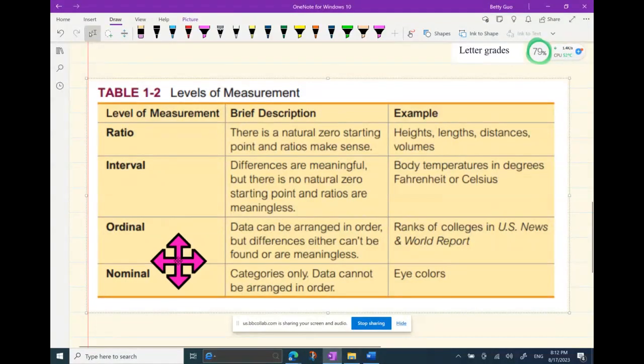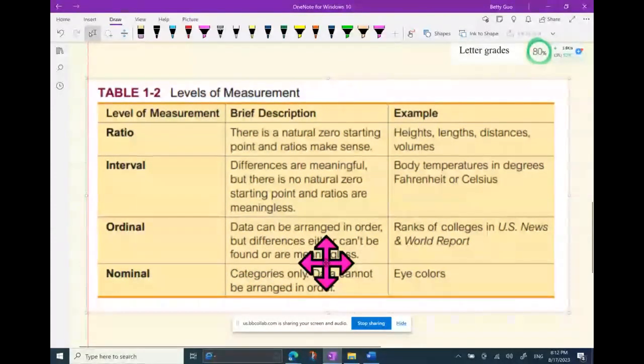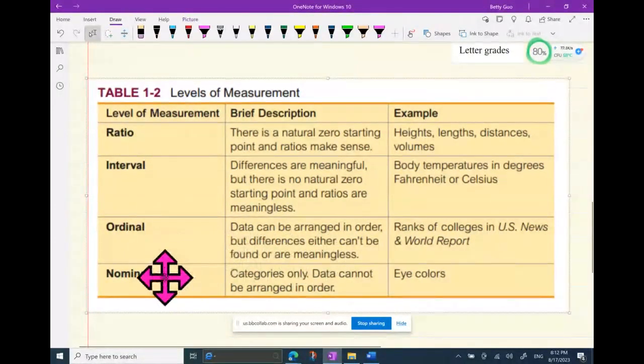Data that has a certain order, data that you are able to arrange in order, is ordinal. Data that can be arranged in order, but differences either cannot be found or are meaningless. We do not take the difference between the data arranged in order. Those data satisfy the level of ordinal.